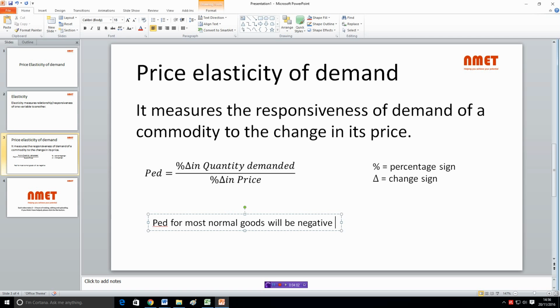Though we do not normally talk about it, we only talk about the number, the magnitude.